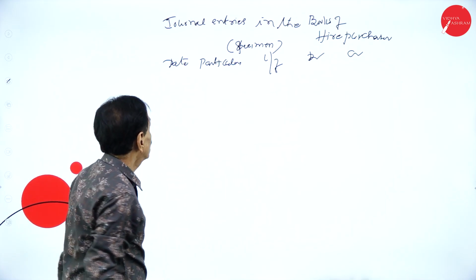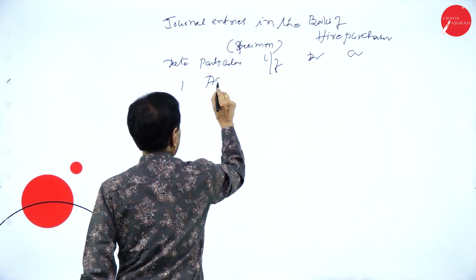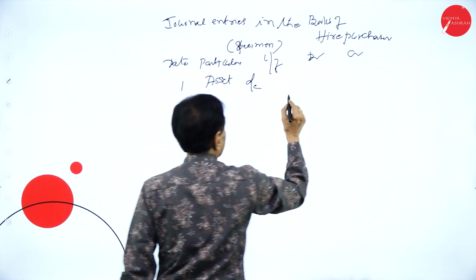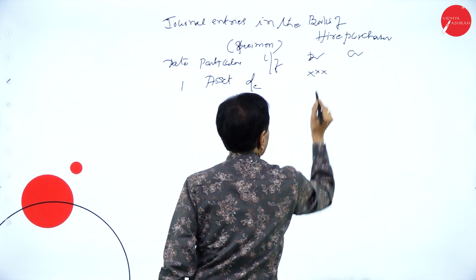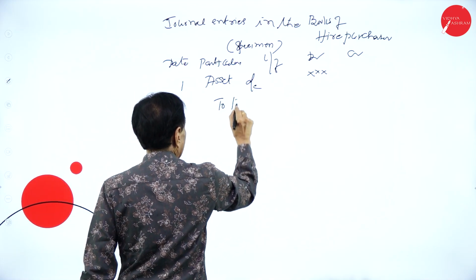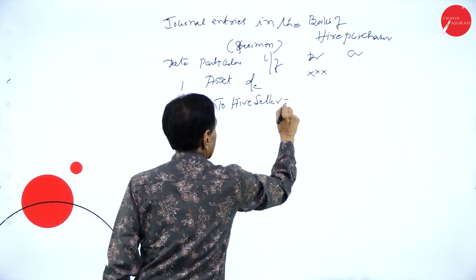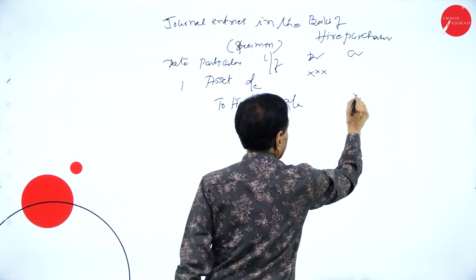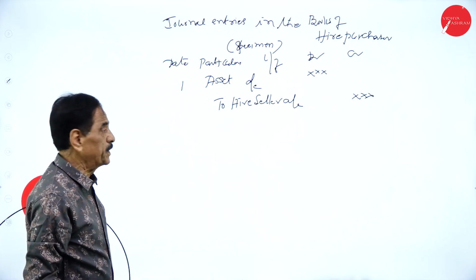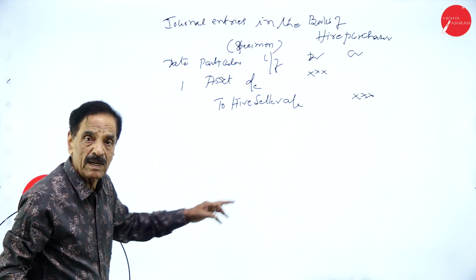The entry goes, number 1, asset account debit, to hire seller account. So, purchase of asset under hire purchase system entry: asset account debit to hire seller account.